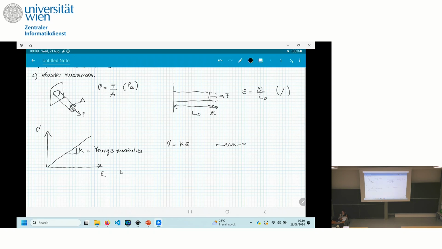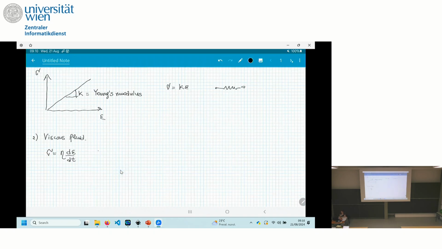And then we have a second canonical behavior, that is that of viscous fluid. What is the relationship between sigma and epsilon for a purely viscous fluid? You've seen it yesterday. It's going to be dependent on the first derivative of the strain, where eta is the dynamic viscosity, but it is actually mostly referred to as viscosity.